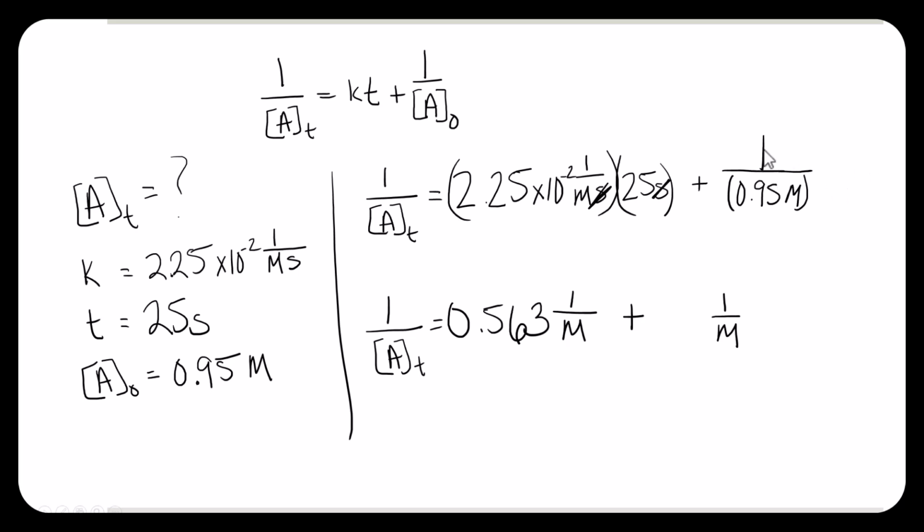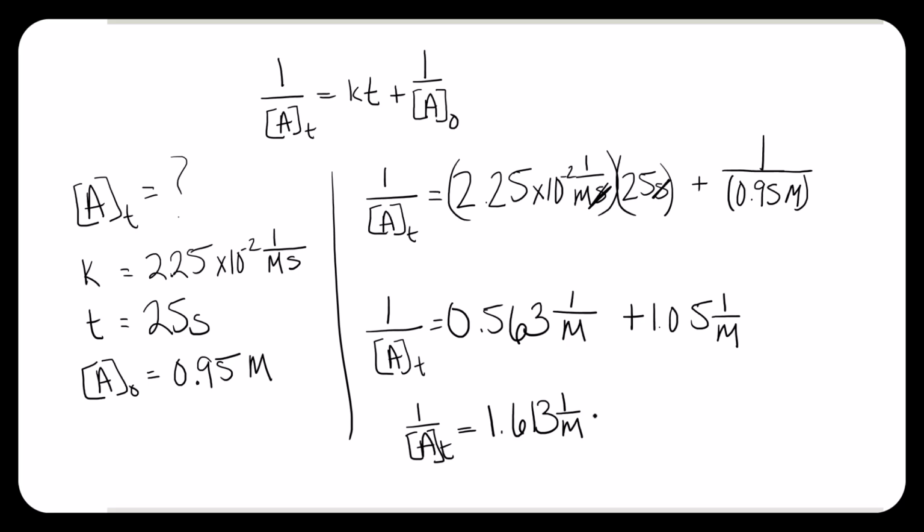So I'm going to just take 1 divided by 0.95. And I get a value that is 1.05. Great. So I'm going to add these two numbers together. So 0.563 plus 1.05 equals 1.613, 1 over molarity.